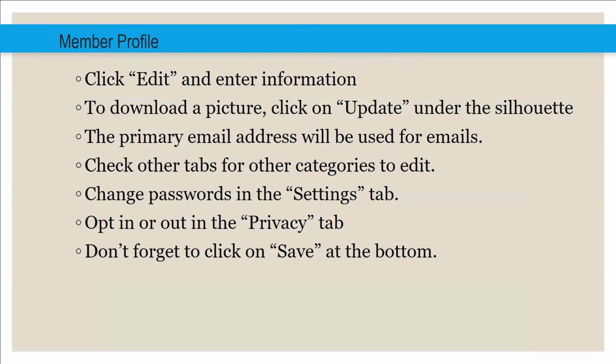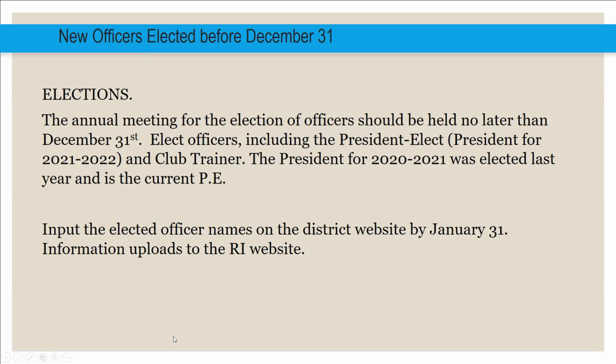They can change their own passwords and their privacy, so every member is able to take care of their own information. If you want the information to be accurate, you might have a contest on who can fill out the most or put in their biography. Everyone can do their own.